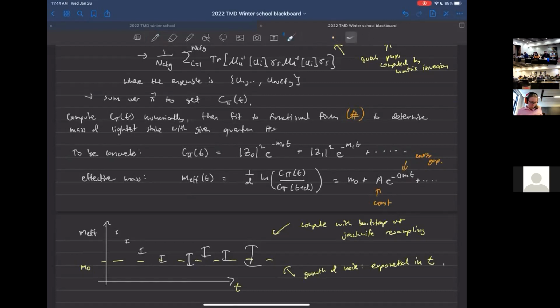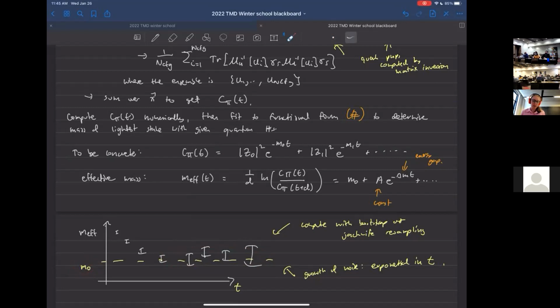Okay, so then we're pretty much there, right? I mean, there's obviously different ways of going from this, which is what your raw lattice data will look like, to an estimate for m0. Simple way is you find the region where this looks sort of flat, and you compute the average of all of the points in that plateau region, right? And that will be an estimate for this value m0.